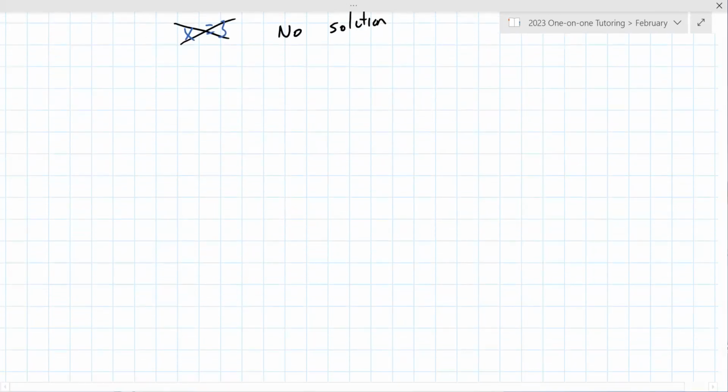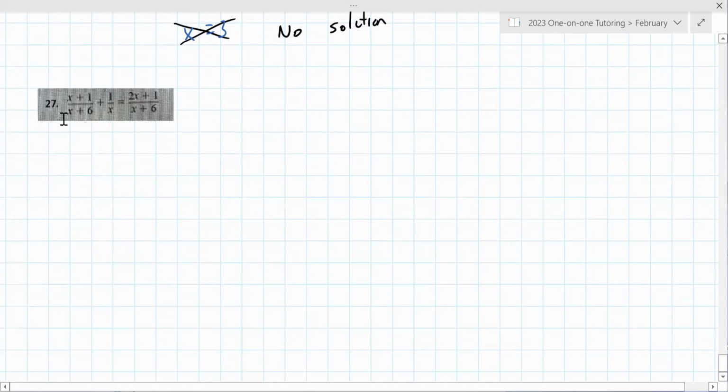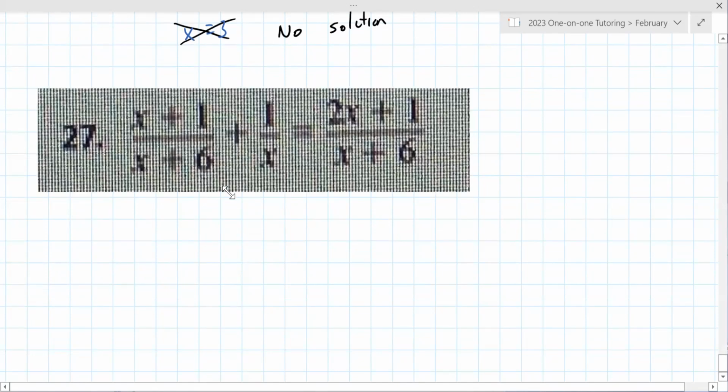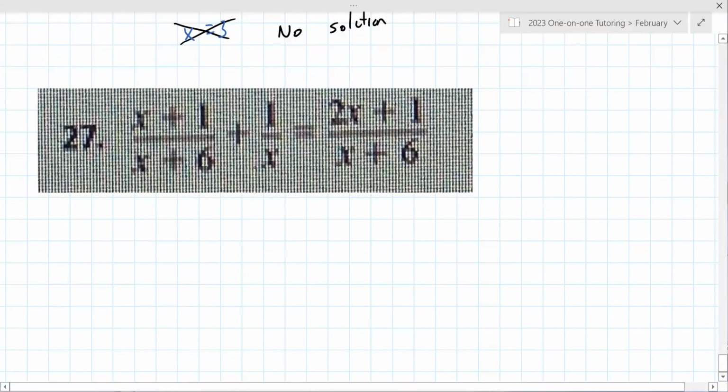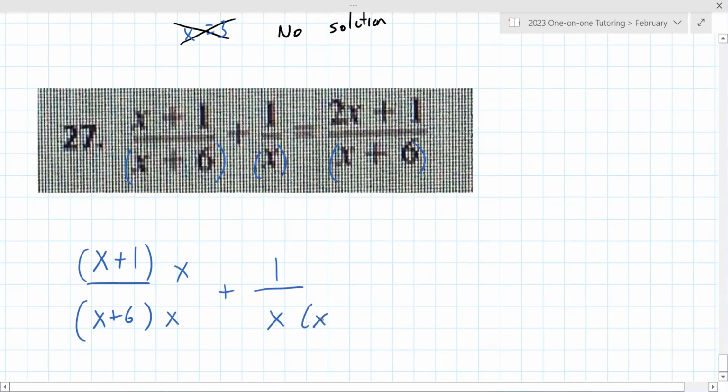All right, so let's see if we can get 27 knocked out really quickly. You can probably see that the LCD is going to be x times x plus 6, because they're paired up like that. So you're going to have x and x. Two x plus one, x plus 6 times x.